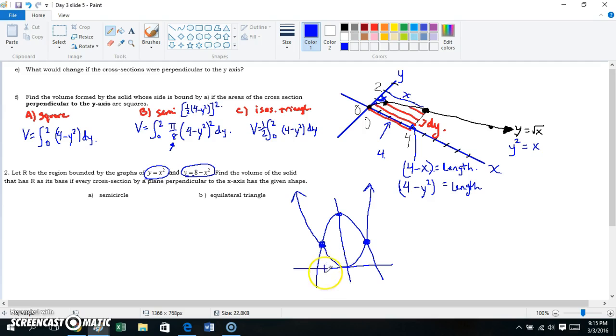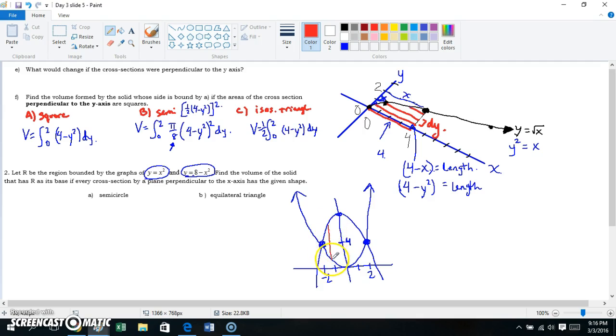And it's going to happen at -2 and +2 when the y value is 4. Okay, so let the region bounded by these graphs be region R. Find the volume of the solid that has R as its base if every cross-section is perpendicular to the x-axis and is a semicircle or equilateral triangle.